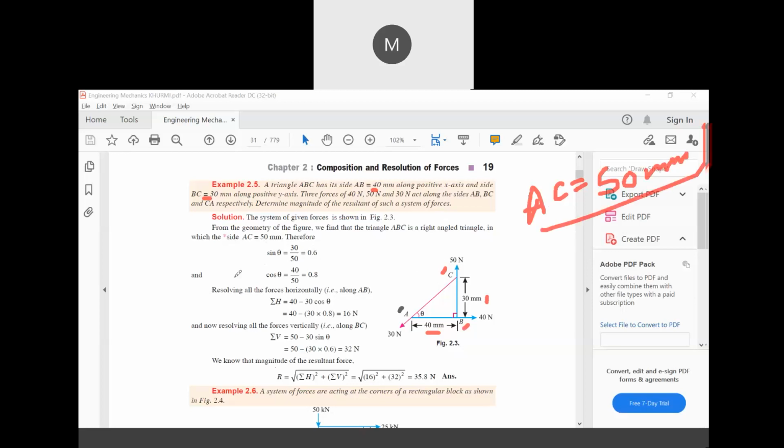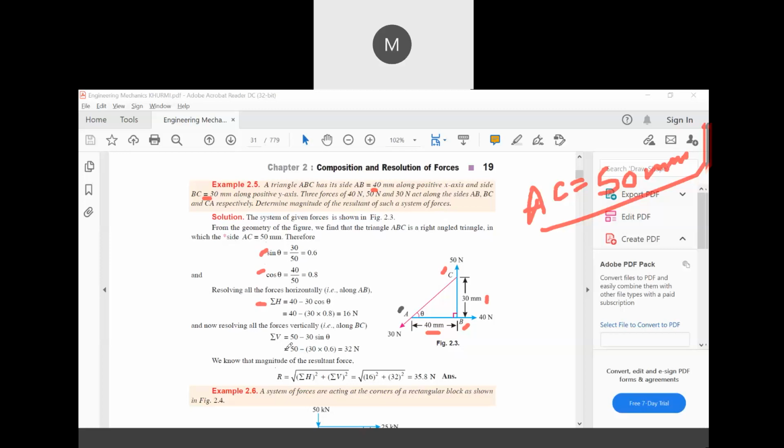Now, if AC is equal to 50 mm, then sin theta and cos theta, just now we discussed, sin theta is perpendicular by hypotenuse. Then cos theta is base by hypotenuse. Now, the main thing is summation of H. Look at the horizontal axis.